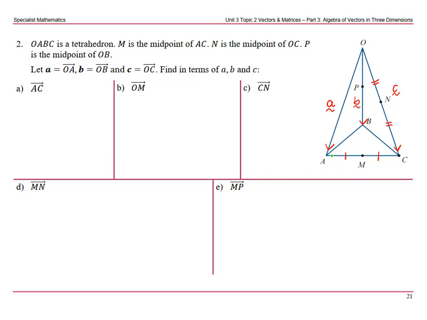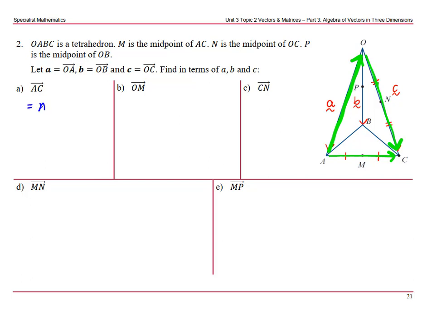So AC is this vector here. So to get there, I can go AO plus OC.